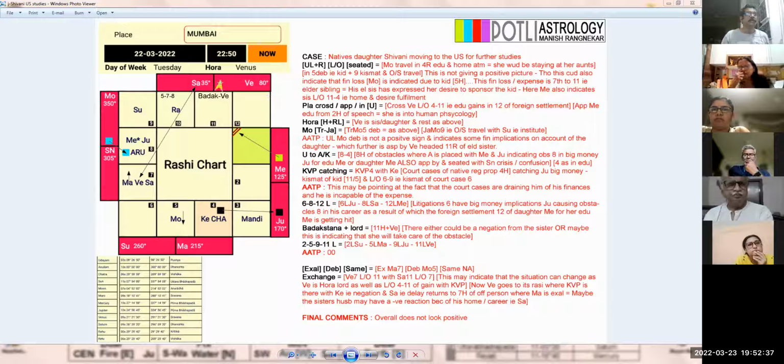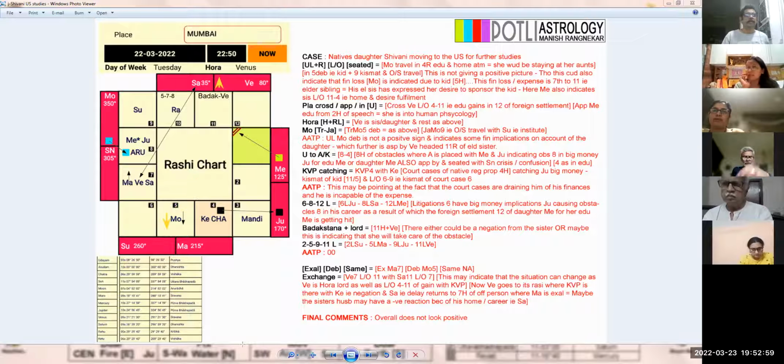Suppose Jama moon was seated here in the second Rashi, so it is exalted. But this transit moon is debilitated in the 8th Rashi. So now there is a confusion. So always the transit fellow has the upper hand.